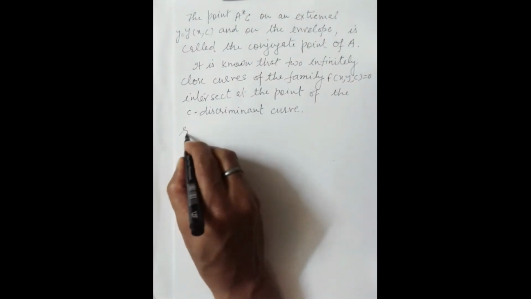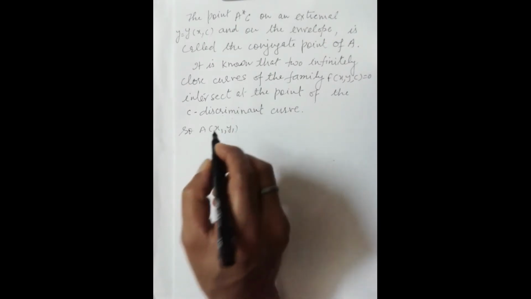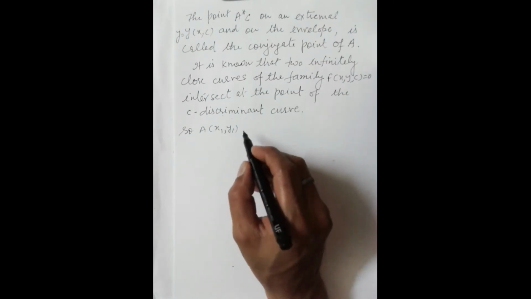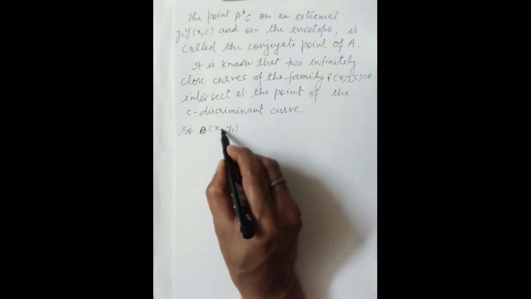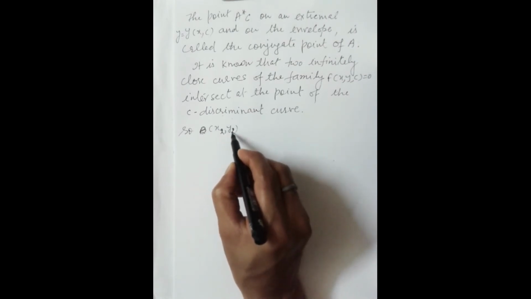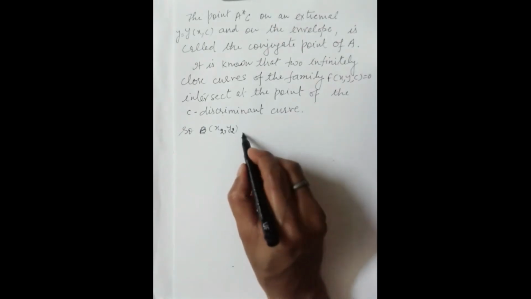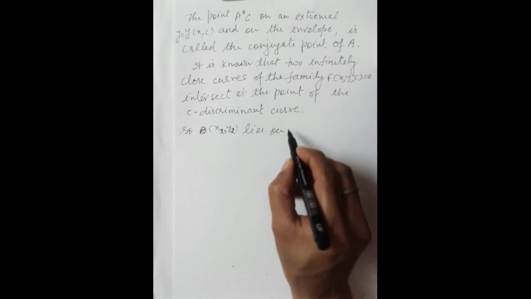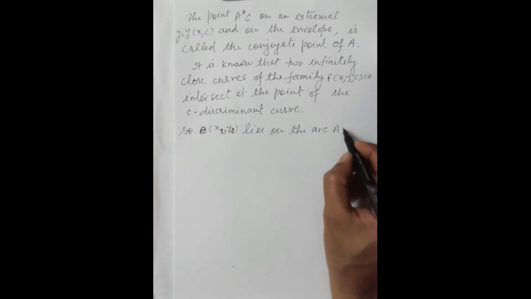So capital A (x1, y1), capital B (x2, y2) lies on the arc A*C.